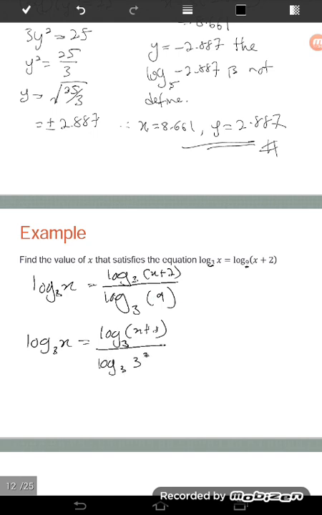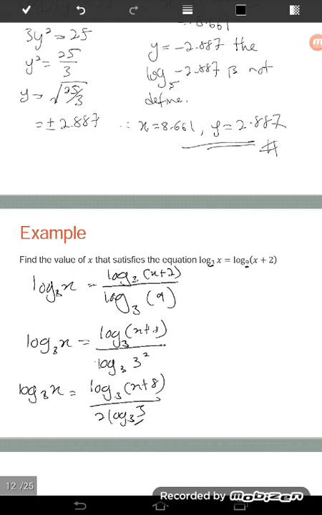And then the 2 you can bring in front, so you will have log x base 3, which is equal to log x plus 2 divided by 2 log 3. So log 3 base 3, here the 3 is the same and the base is also the same 3, so therefore the answer of this one is 1.